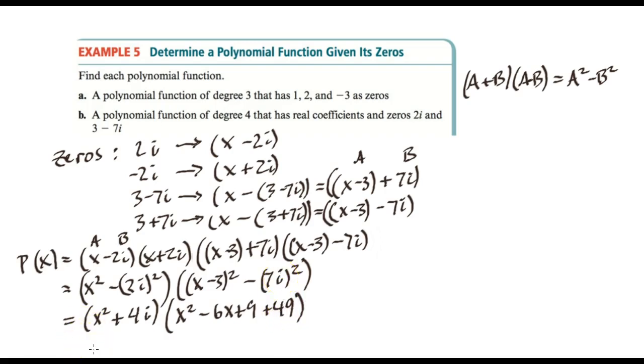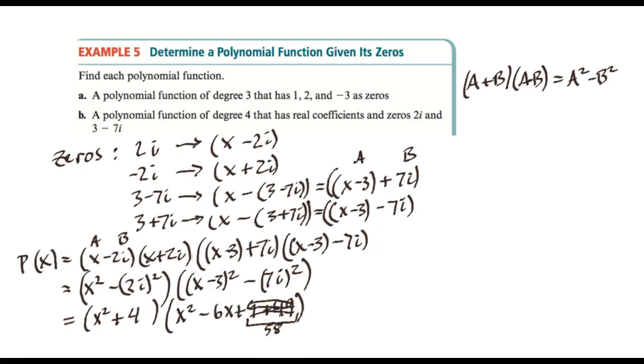Now we just need to combine like terms, and so this will be 58. So now we have x squared minus 6x plus 58.